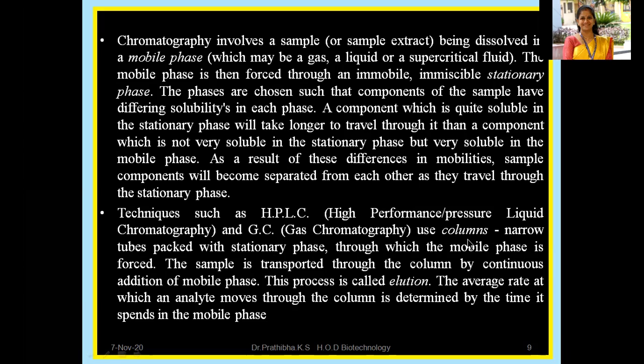When we recall columns, you just recall a burette. In that burette, you are going to put the stationary phase. Then if you put any kind of solvent, that will become the mobile phase, which is forced through. The sample is transported through the column by continuous addition of mobile phase. This process is called elution. The average rate at which an analyte moves through the column is determined by the time it spends in the mobile phase.